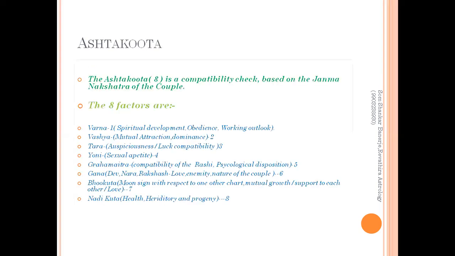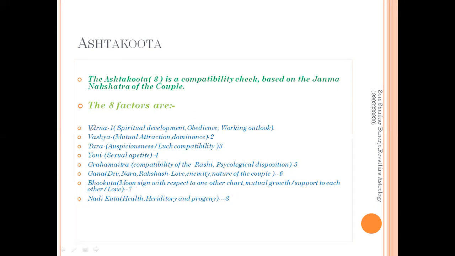Rule of Ashtakuta. As you see, let me go back. If you add 1 plus 2 plus 3 plus 4 plus 5 plus 6 plus 7 plus 8, it comes to 36.